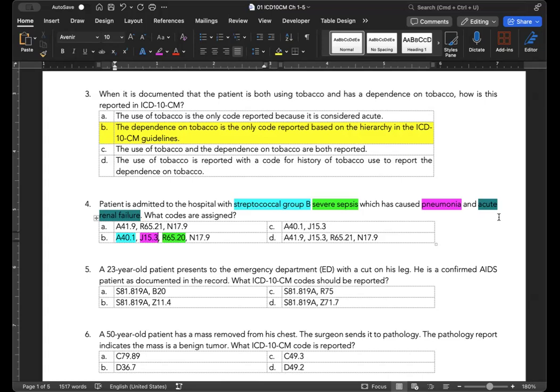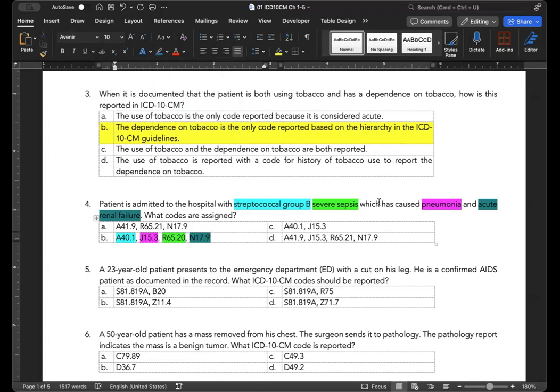And then acute. And this one doesn't have any specifications as far as the causal agent. So what is our code for the acute renal failure? N17.9. Yep, N17.9.